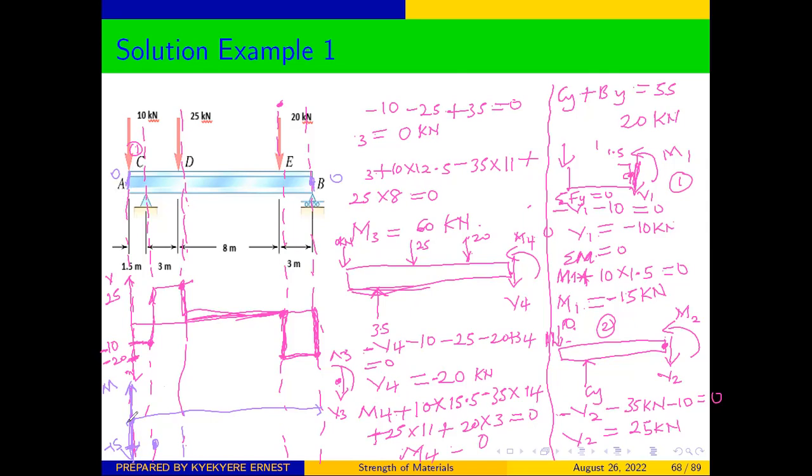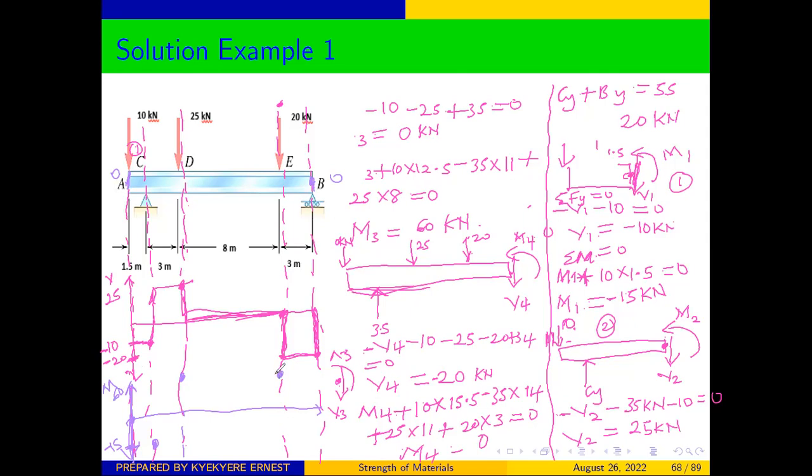And the value of the moment at the second session was 60 kilonewtons. So we indicate 60 on our second session. So this is 60 on the y-axis. And on the third session, we realize that the moment was equal to 60 again. So on this side, there's also 60.